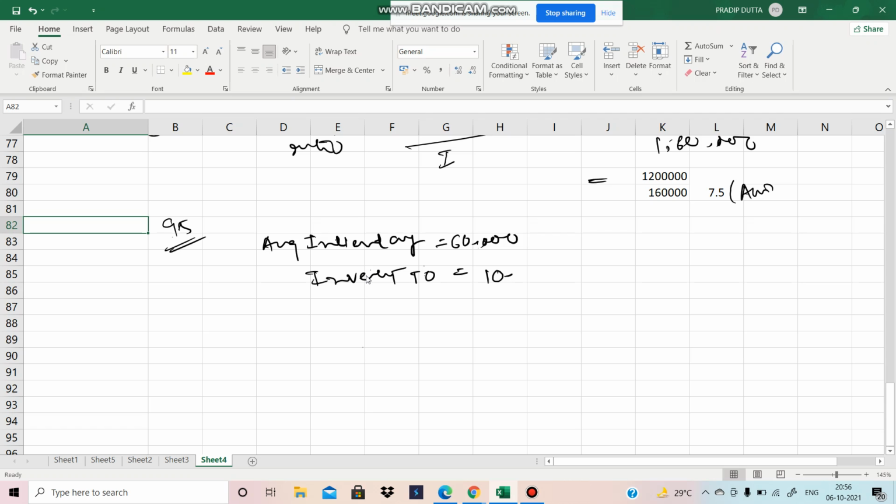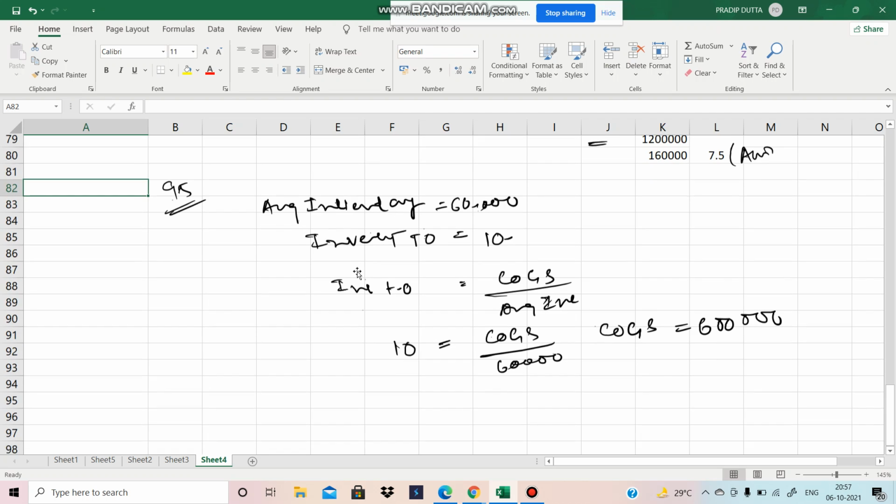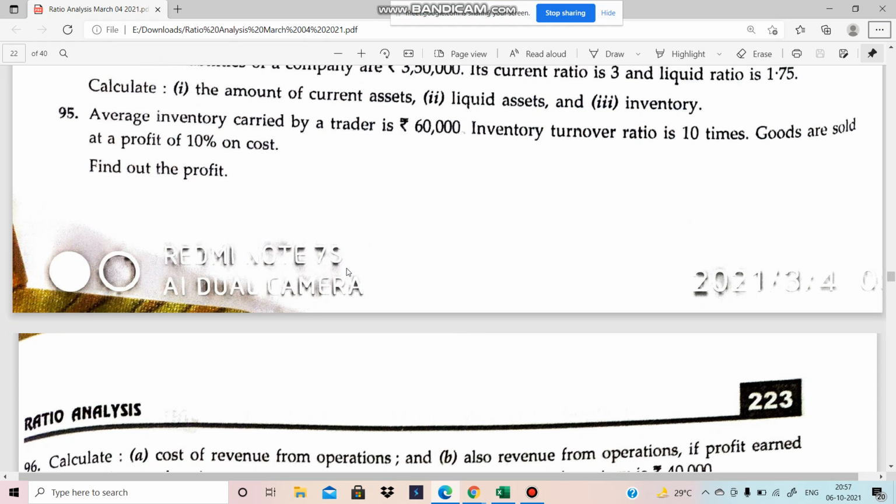The formula of inventory turnover ratio is COGS, cost of goods sold, divided by the average inventory. Inventory turnover is 10, COGS we don't know, the average inventory is 60,000. So as a result, COGS, cost of goods sold, is 6 lakhs.